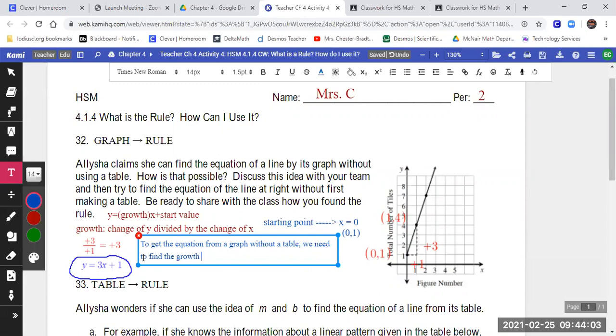What did we add to the picture so that we could find the growth? What does this graph have on it that none of the other ones had that we used to help us find the growth?